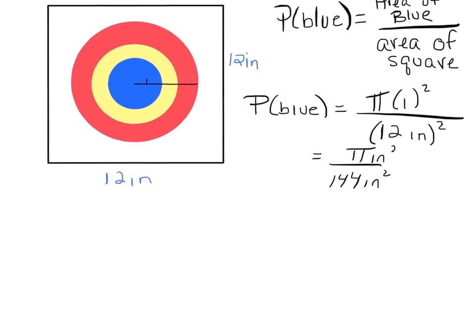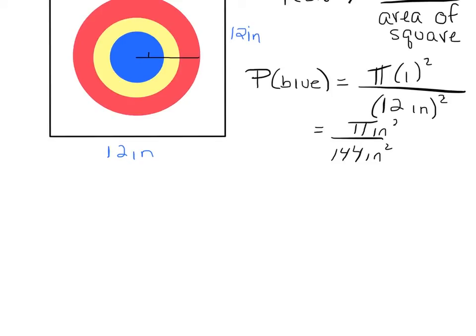And since it's inches squared divided by inches squared, we end up with pi over 144. Now if you take out your calculator, that's approximately equal to 2.2% chance of landing within that little blue circle.